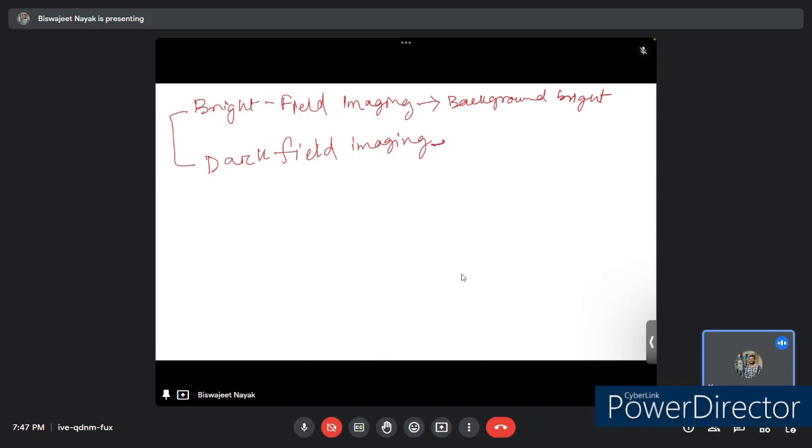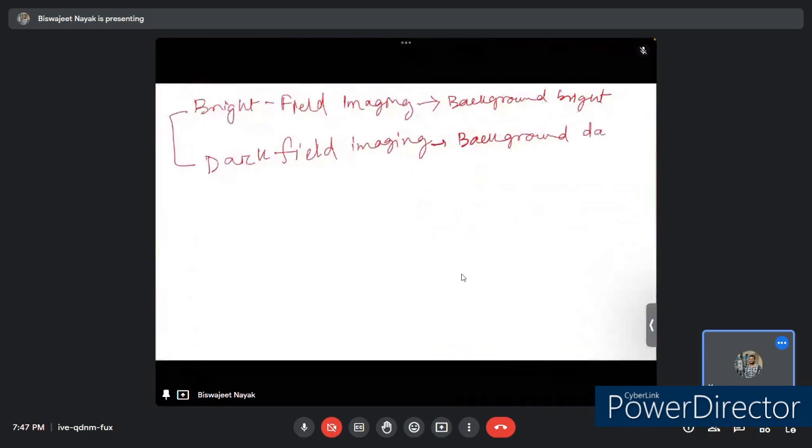Here the background is dark. So mostly we do our imaging in these two kinds of imaging processes.